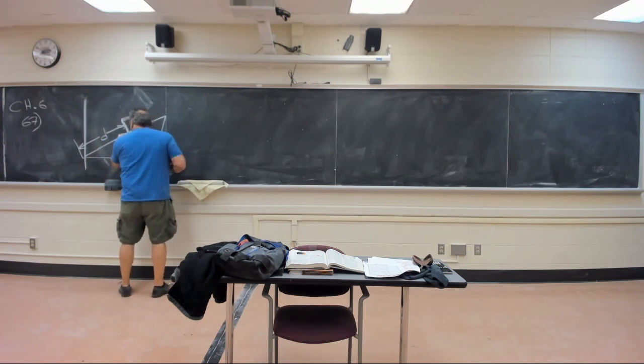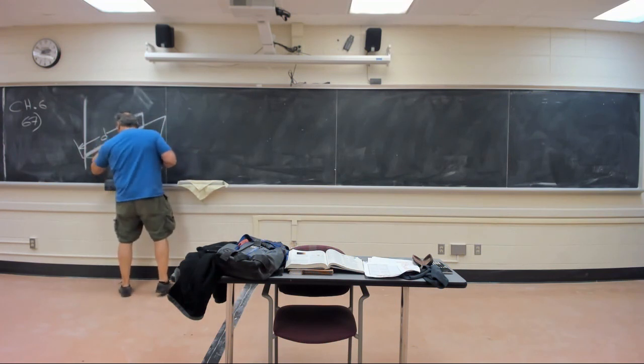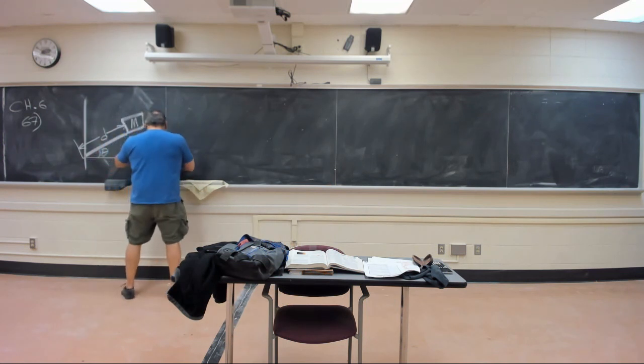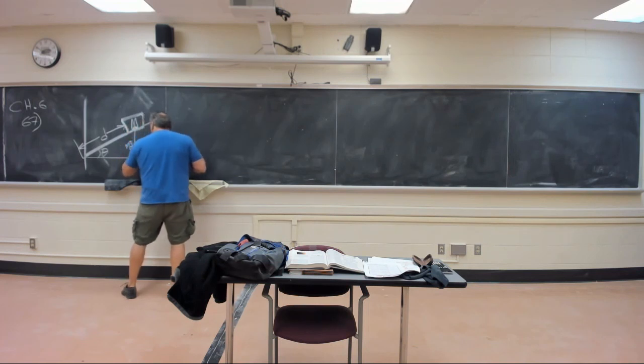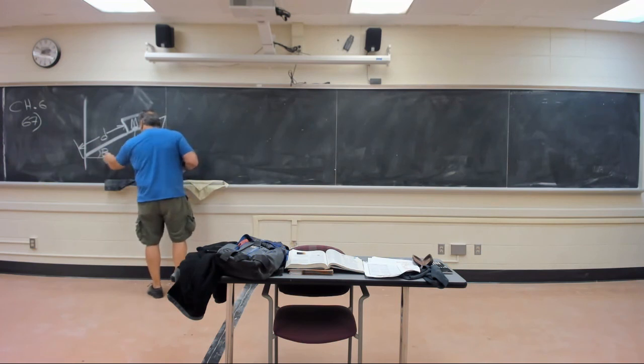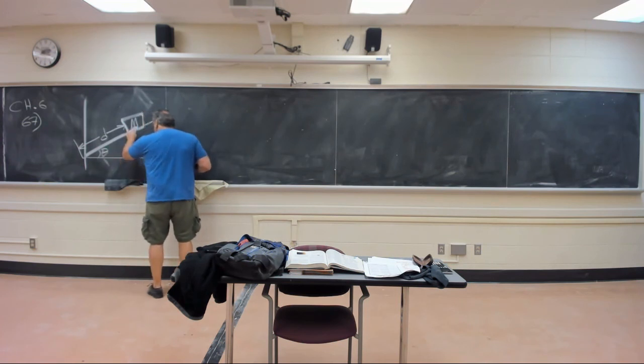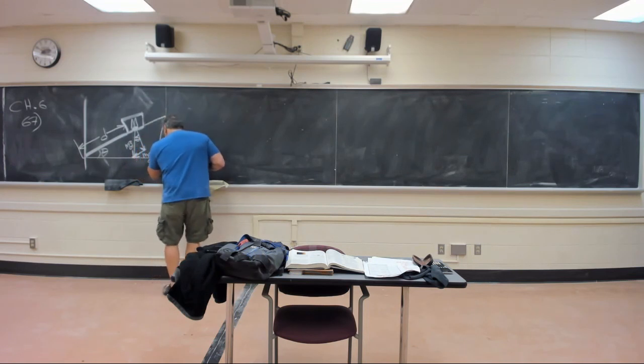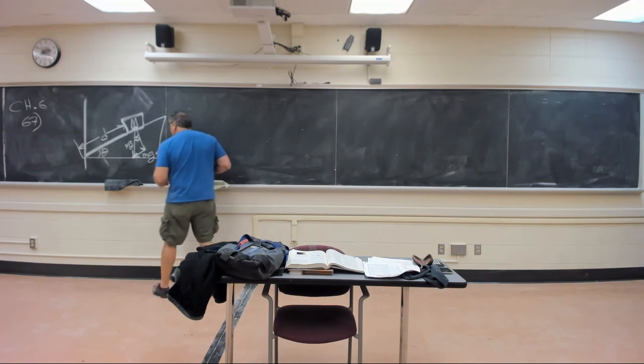But if this thing right here is d, and this thing right here is theta, and the weight goes down this way, mg, and theta, 90 minus theta, once again, ladies and gentlemen, that's theta. This is the slide down component, mg sine theta.